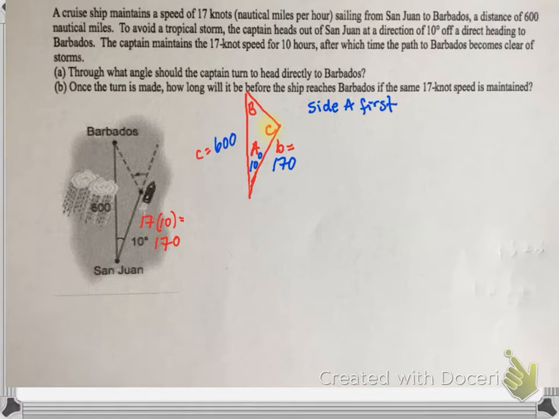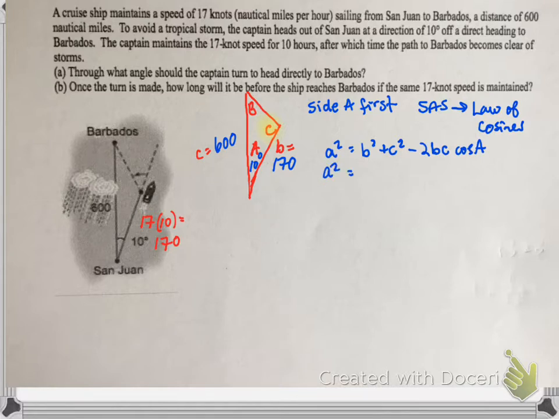Okay, so first of all, before I find side A, I know I have SAS, which means law of cosines. So I'm looking for side A, so I have A squared equals B squared plus C squared minus 2BC cosine of angle A. All right, plug and play.